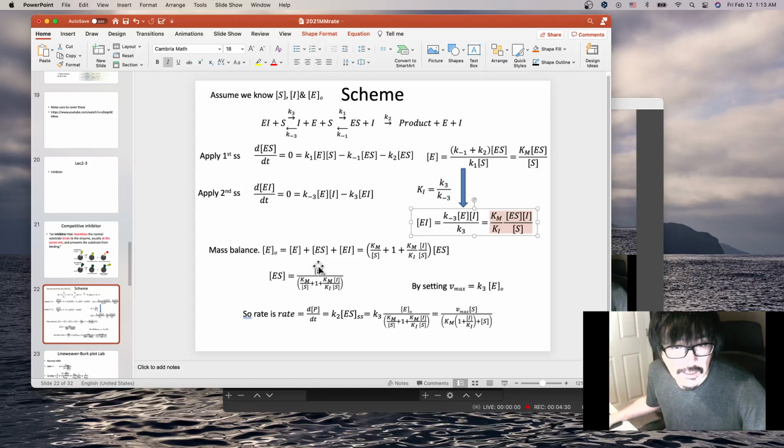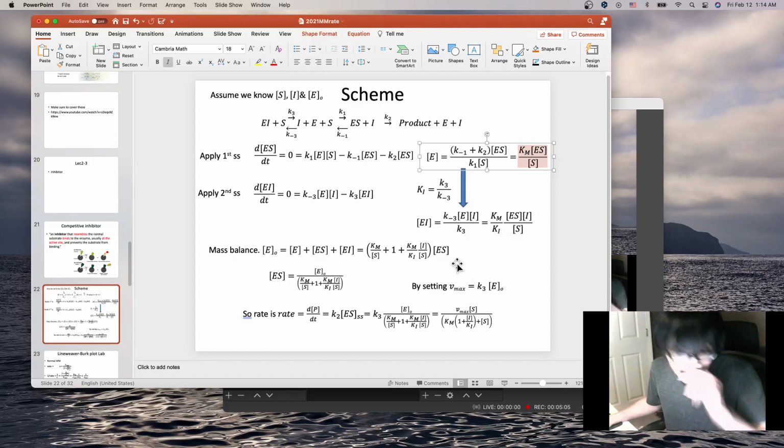So once we get these two relationships, I can actually do the mass balance here. The mass balance: the original concentration of the enzyme, E naught, should be equal to E plus ES plus EI, right? All species added should be the same as what you started out with. So E can be given by that guy, but that contains ES, and then EI contains ES.